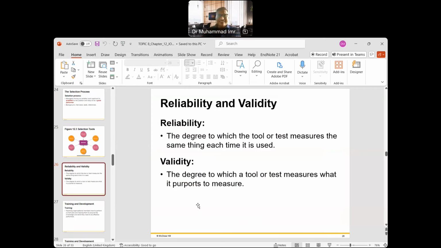No, not valid. It must be irrelevant. So how do we measure blood pressure? Obviously, we have to use BP operators, blood pressure operators, to measure blood pressure. We cannot measure sugar level with BP operators, right? Because it's not valid.